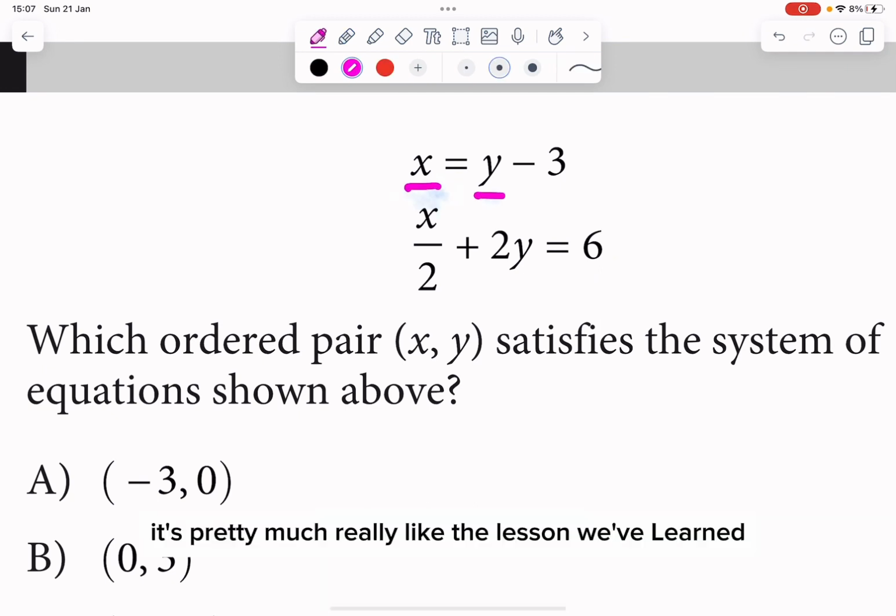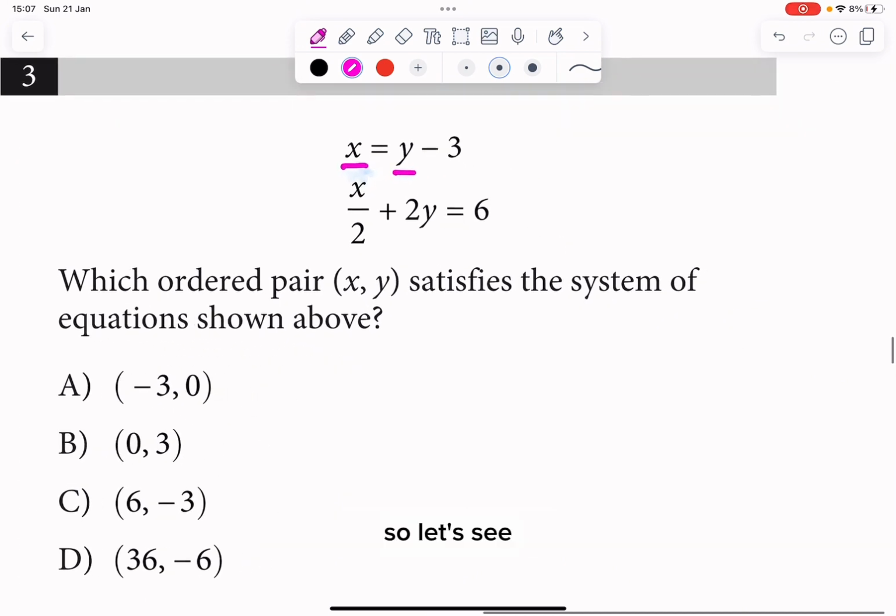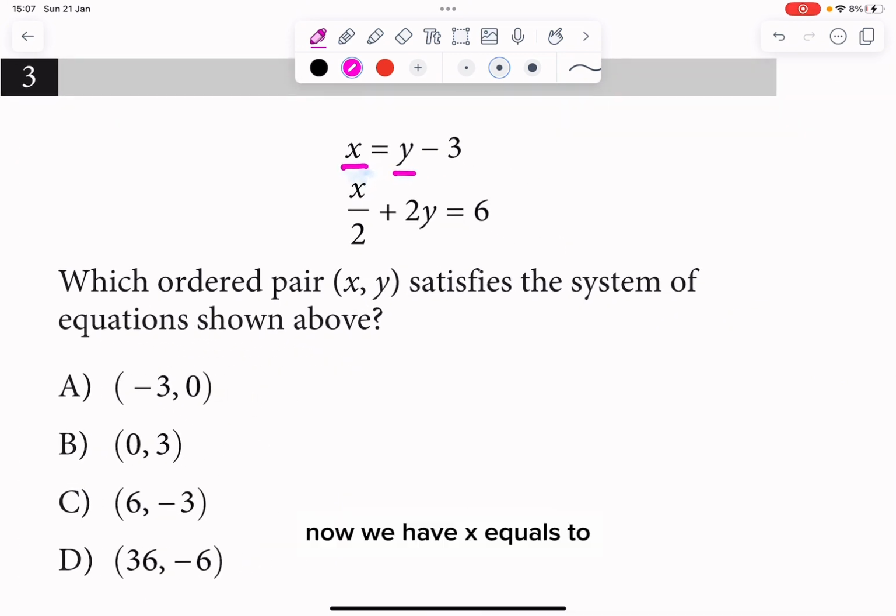It's pretty much like the lessons we've learned in the Vietnamese math curriculum. So actually I can apply the knowledge that I've already learned to this question. So let's see. Now we have x equal to y minus 3, and then we have x over 2 plus 2y equal to 6. So it's really simple. Just need to substitute x with y minus 3 into this equation.